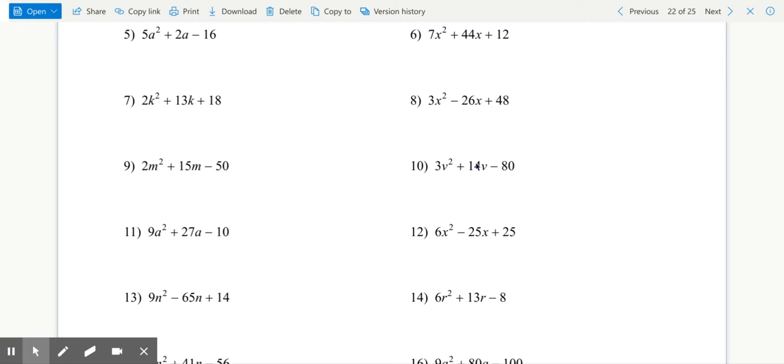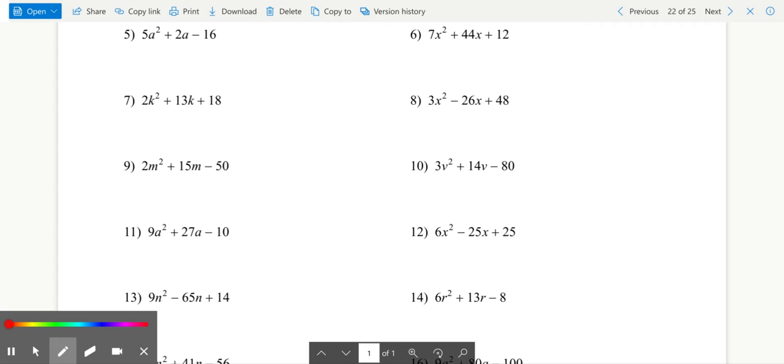So this is going to be AC with grouping. So we're looking at number 6 here. So with AC with grouping or with any factoring, we're going to be multiplying to something and adding to something else. And we have to figure out what those things are.